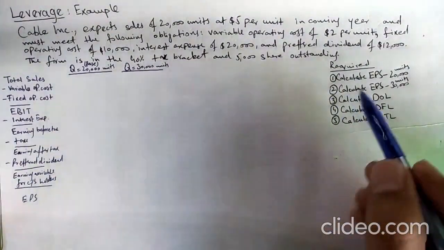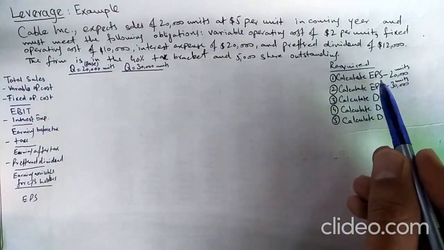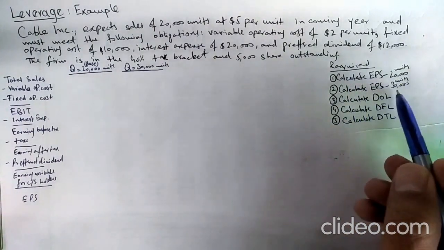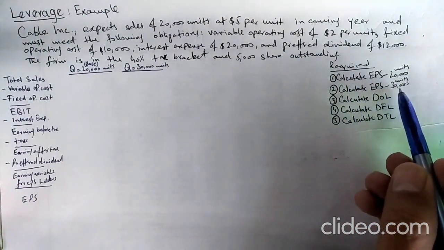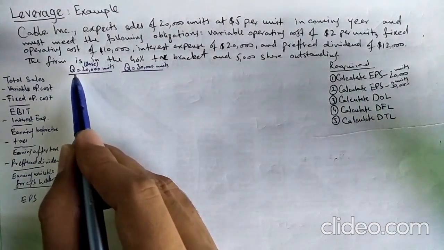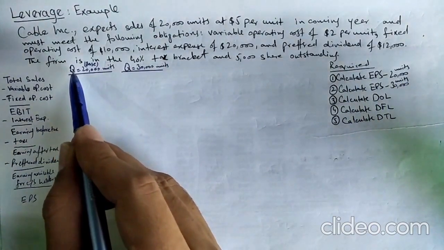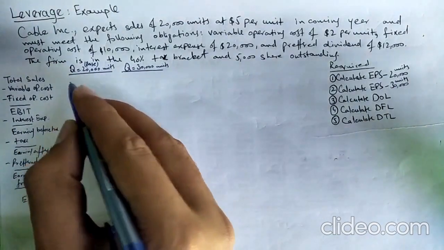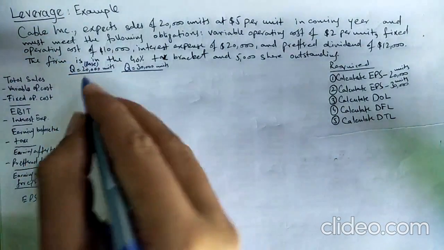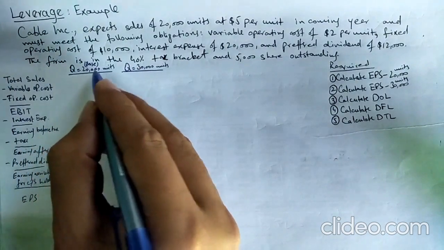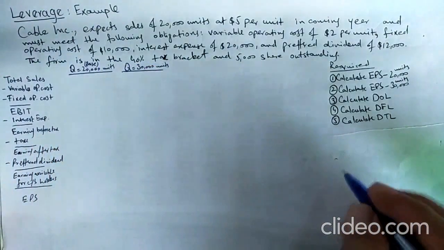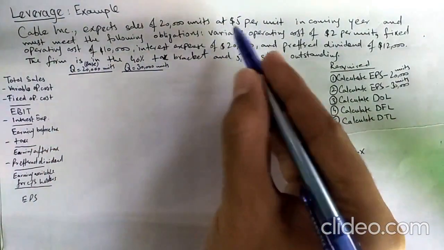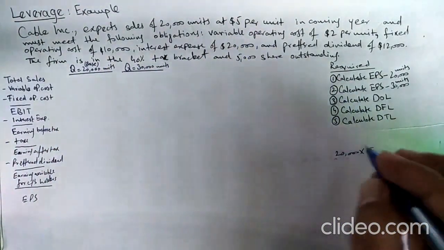Let's start by calculating the EPS, earning per share. The first requirement is to calculate EPS for 20,000 units, and the second requirement is to calculate EPS for 30,000 units. Here Q is 20,000. First we calculate the EPS for these 20,000 units. We calculate the sales amount by multiplying 20,000 by the per unit sales price.